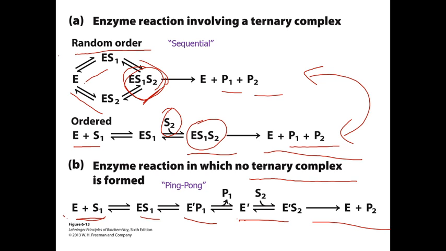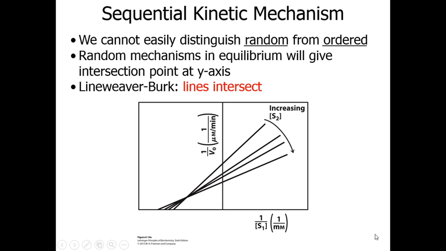But how do we know that the enzyme is doing either of these mechanisms? It has to do either of these. It's not going to do both mechanisms. That's not logically possible. Let's look at some graphs. Now, how does a sequential mechanism look?